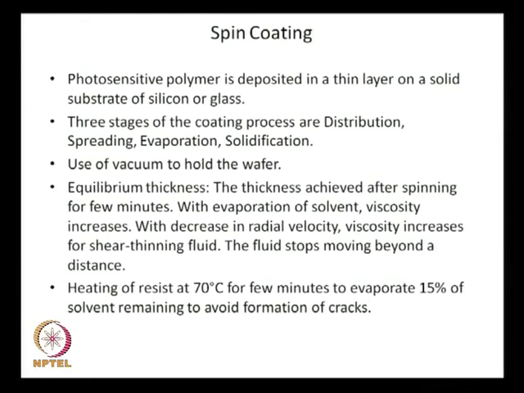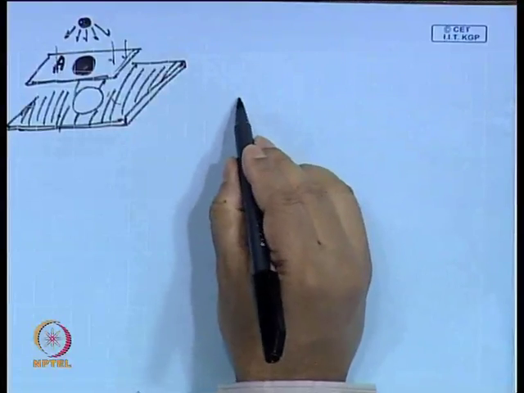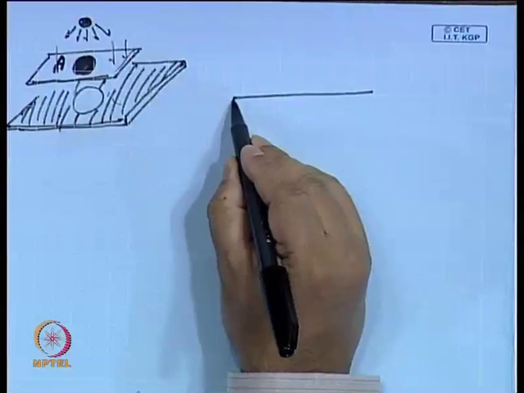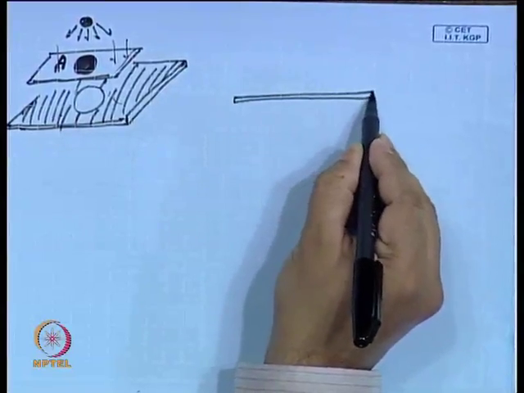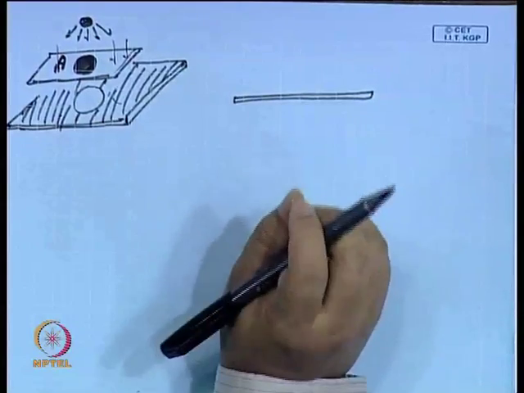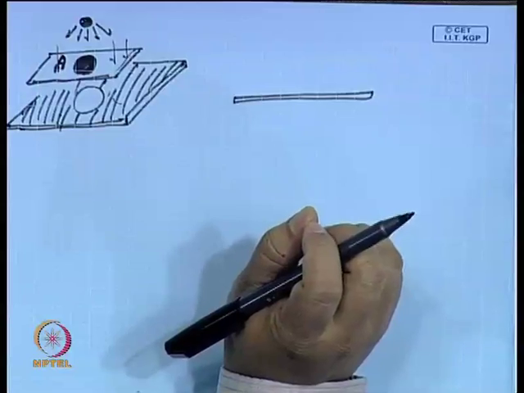So, you have a photosensitive polymer deposited in a thin layer on a solid substrate of silicon or glass. The three stages of the coating process are distribution, spreading, evaporation and solidification. What is this spin coating process? What you have here is the wafer. Wafer means it is a thin silicon substrate.